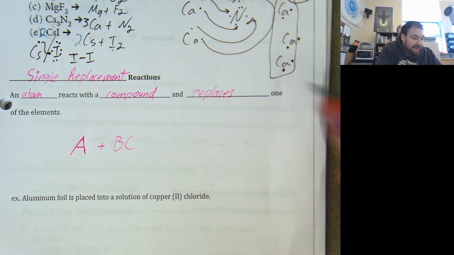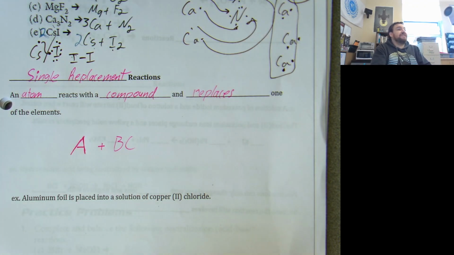C. I've got element A reacting with compound BC. It's going to replace one of those elements. How do we know which element it's going to replace? But which one's distracted is the question. Why C?